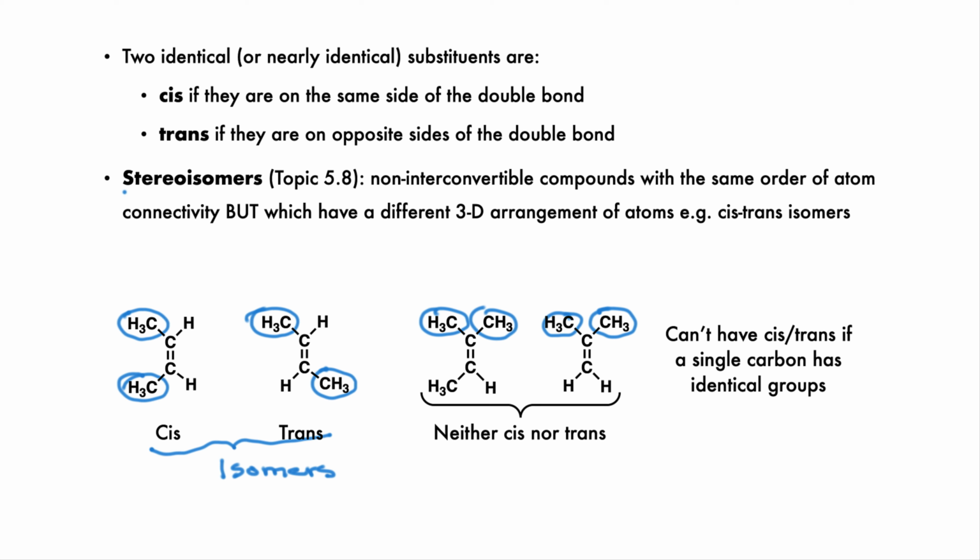Cis-trans isomers are examples of a broader class of isomers called stereoisomers. These are non-interconvertible molecules which have the same order of connectivity of atoms, but which differ in the 3-dimensional arrangement of atoms. In topic 5.8, you can see all of the types of isomers we will study this semester.